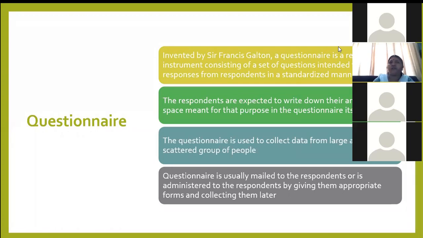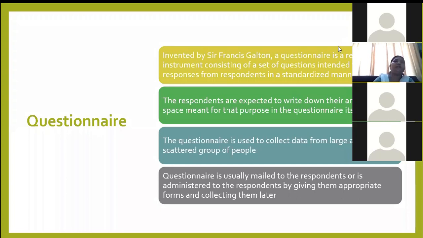The research instrument questionnaire was invented by Sir Francis Galton. It is a research instrument consisting of a set of questions intended to capture the responses from the respondents in a standardized manner.